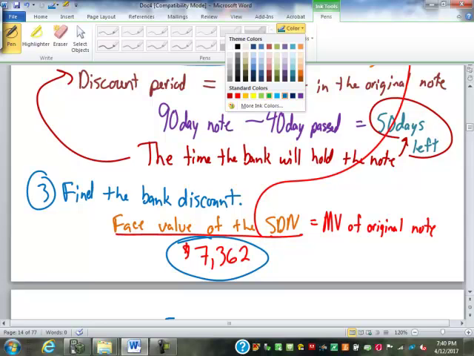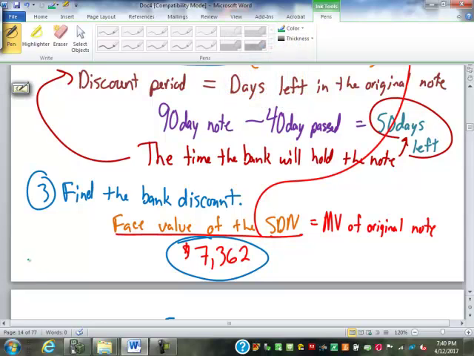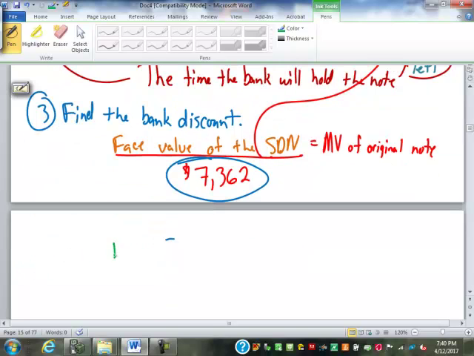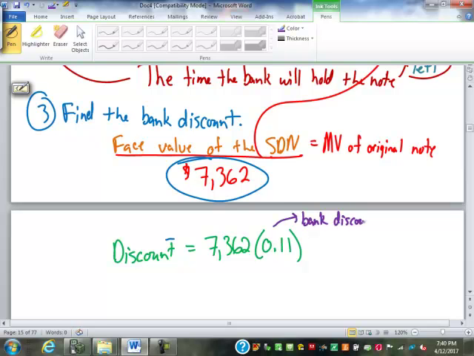So to find the bank's discount, what was the bank's discount rate? 11% is the bank's discount rate. So to find the discount, we're going to use the $7,362 times 0.11, and that 0.11 is the bank discount rate, times the discount period, which is 50 days.